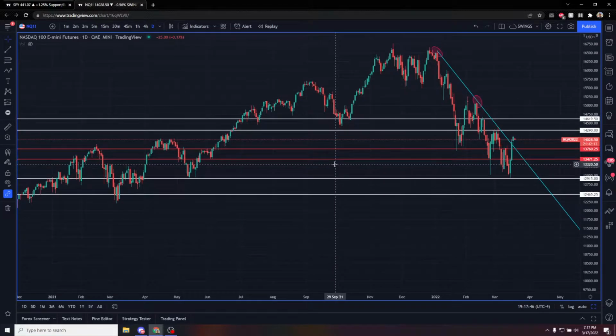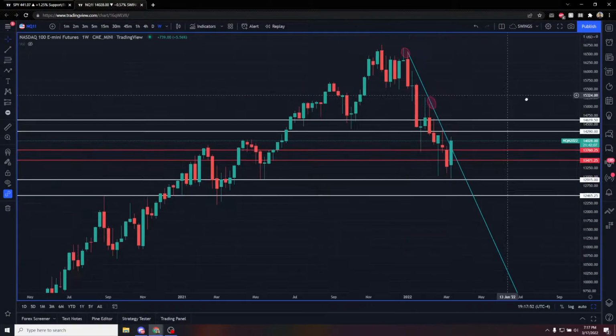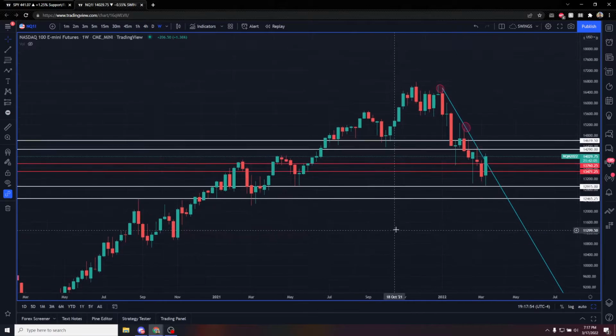And the higher your time frame, the stronger the support and the resistance will be. I will even go further and say on the weekly candle, looking at those candles here, that current support of this week is from May last year.